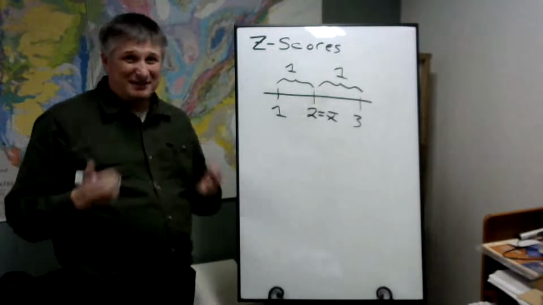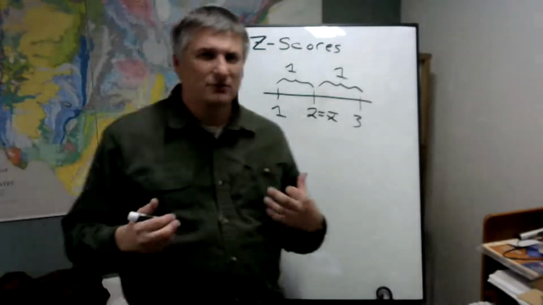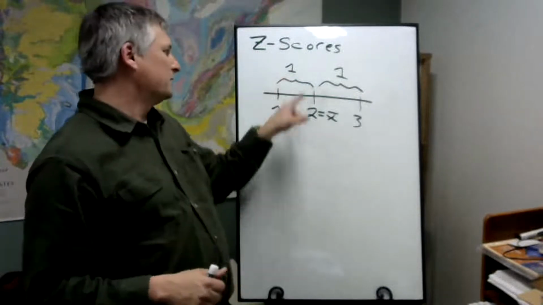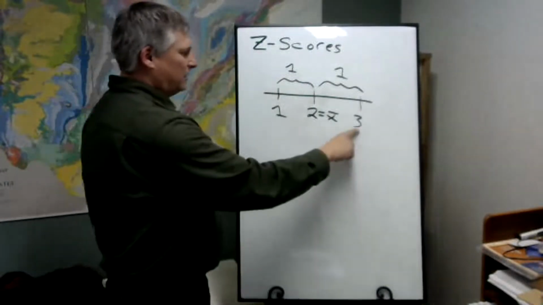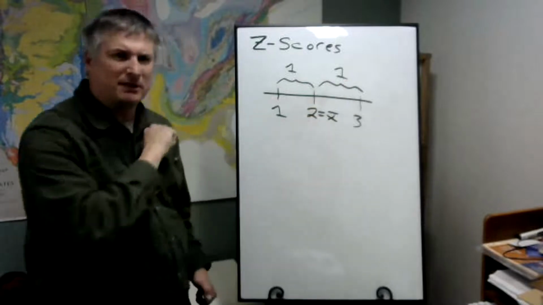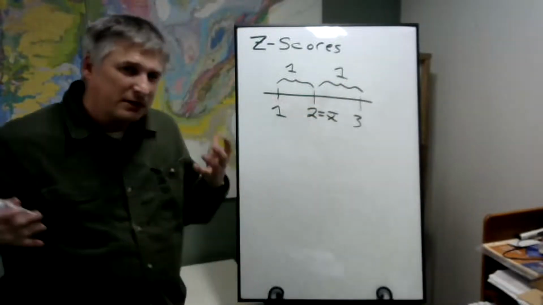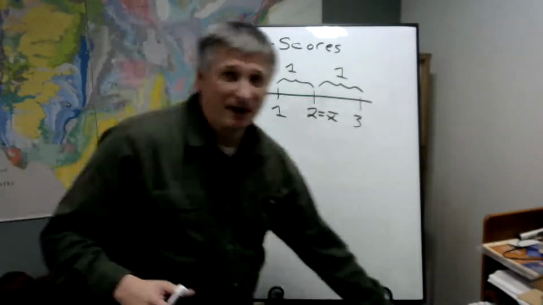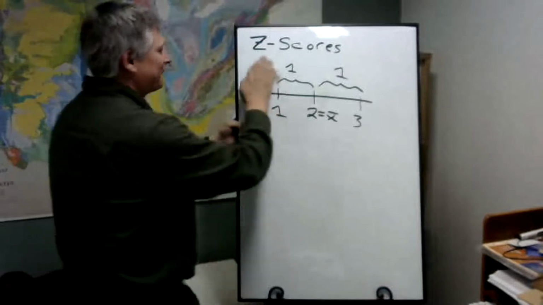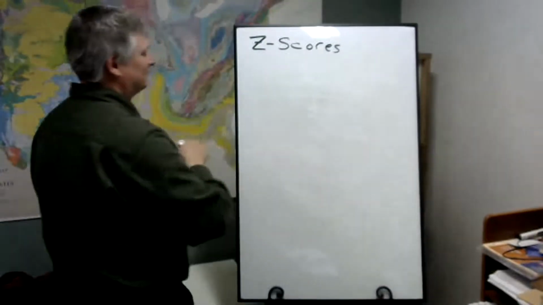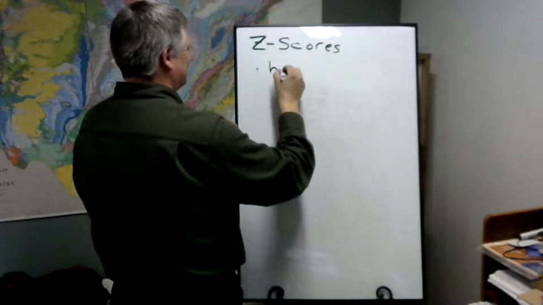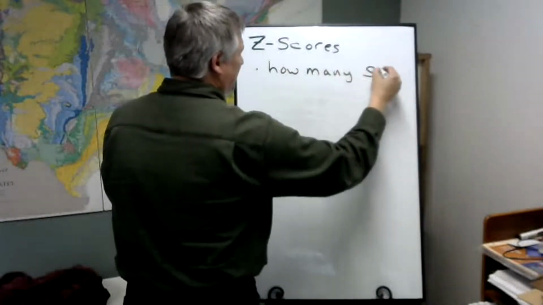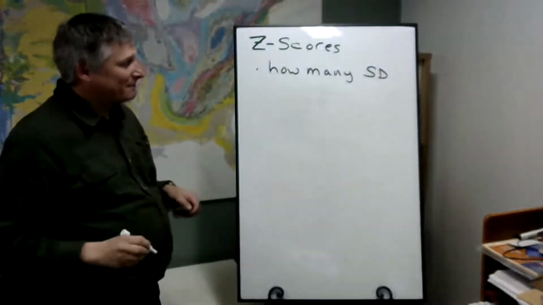Well, what we want to do instead is compute a distance using standard deviations. Instead of saying 1 is 1 unit away from the mean, or 3 is 1 unit away from the mean, which is certainly true, we want to talk about how many standard deviations away each data value is. And that's what z-scores tell us. I'm going to abbreviate standard deviation as SD.